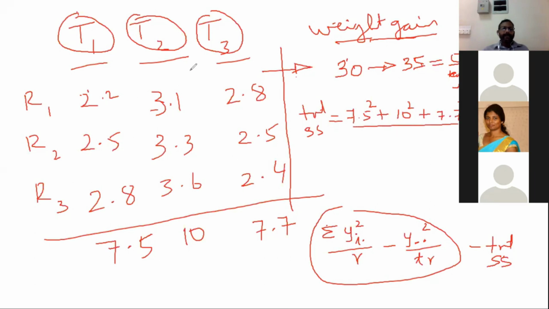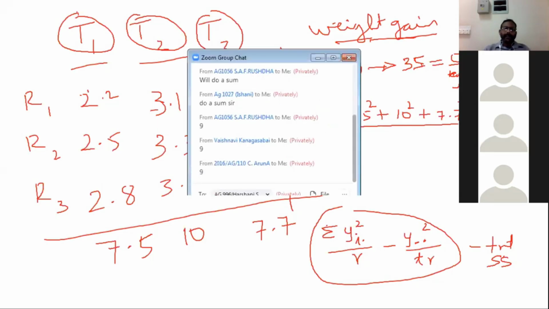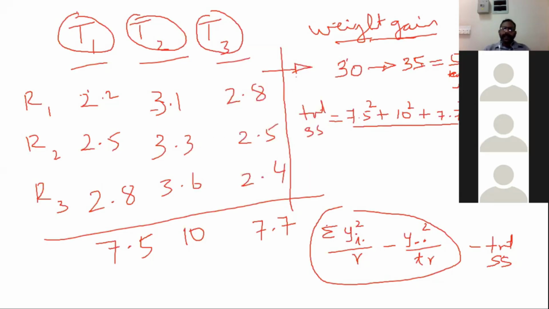Is the r the same for all treatments or different? Number of replicates. Is the r replicate same or different? What about the first treatment?